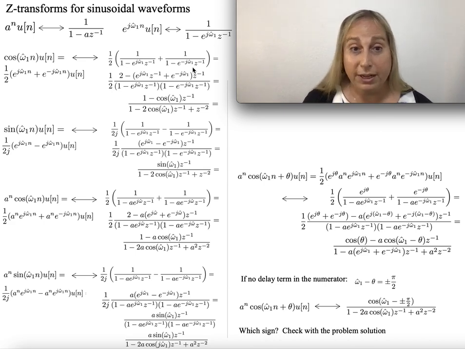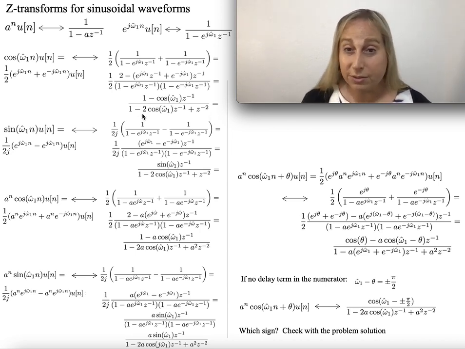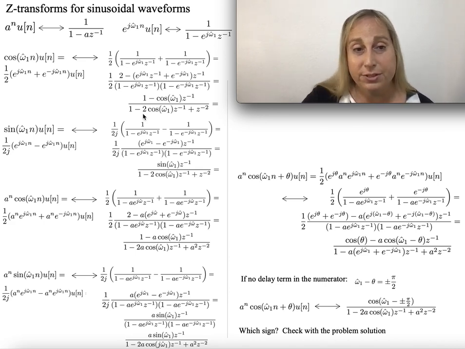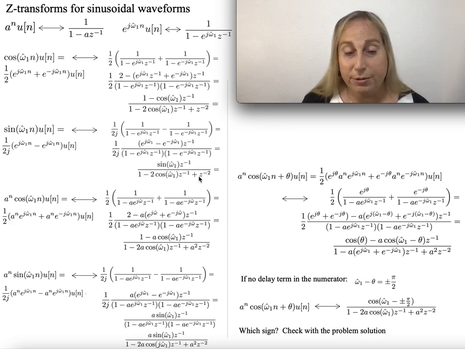Well, cross multiplying this together, I get 1 minus cosine omega 1 z to the minus 1 over the second order term, which isn't surprising, and particularly if you're used to looking at this in other transform spaces, you'd expect a second order kind of thing happening here. So this is quite cool, right? You might imagine having double roots and so forth. A similar thing happens for sine. Now it actually just has the z to the minus 1, and it has that same denominator term.